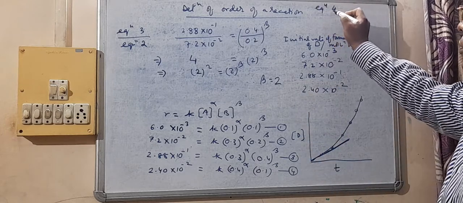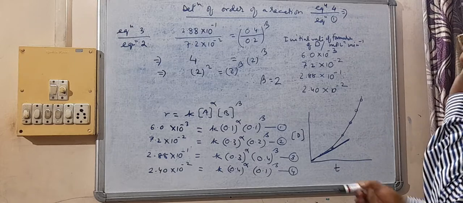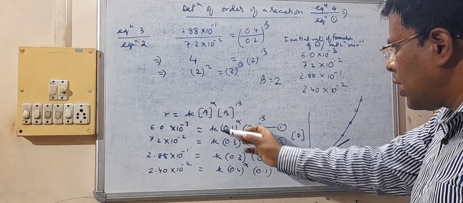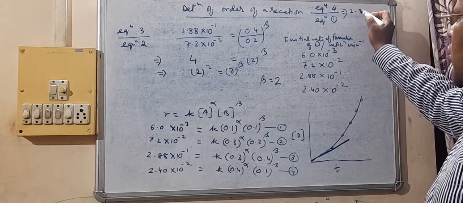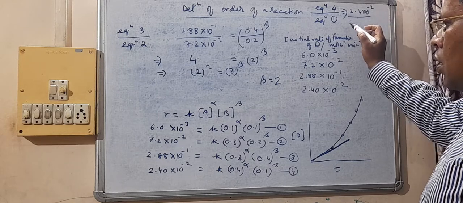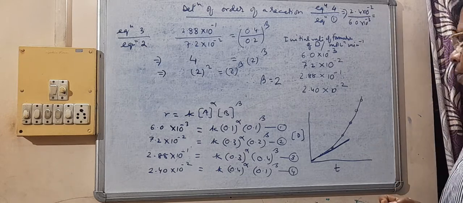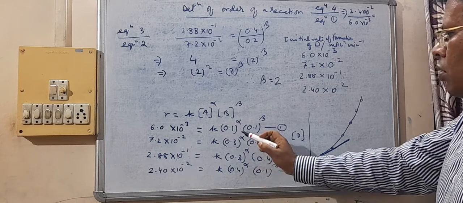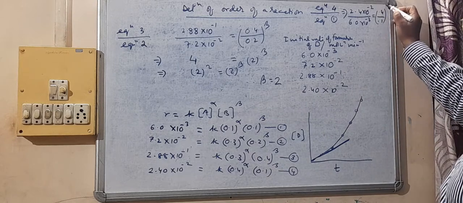Beta gets cancelled and K gets cancelled, and we have 2.4 into 10 to the power minus 2 by 6.0 into 10 to the power minus 3 equal to 0.4 divided by 0.1 to the power alpha.